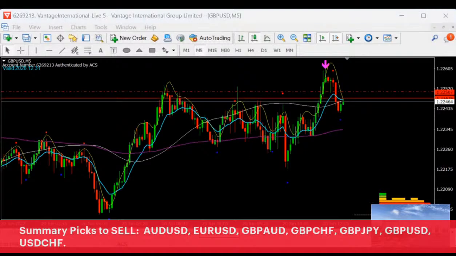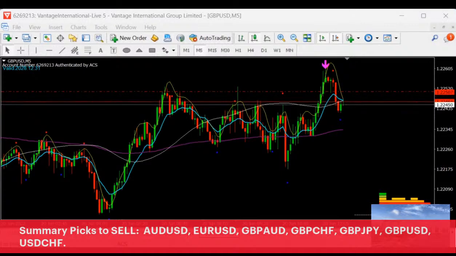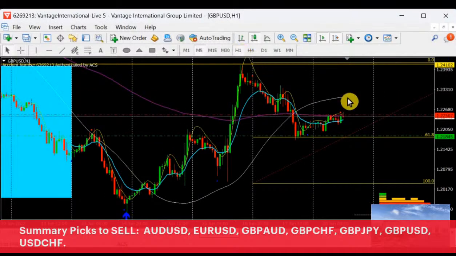Coming in now. Looks like pound dollar is still in the range, this range in H1, like we were saying. A breakout over here is a good time to buy. If it's going downwards, I think selling is still possible. We are waiting for it to give us a clearer picture.